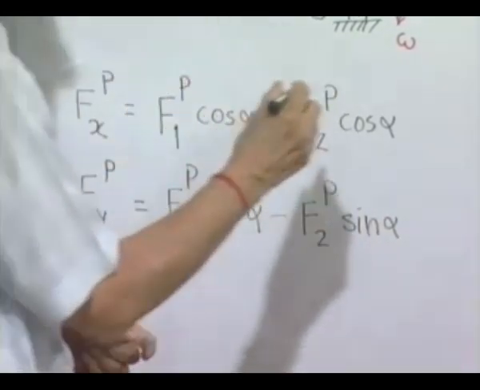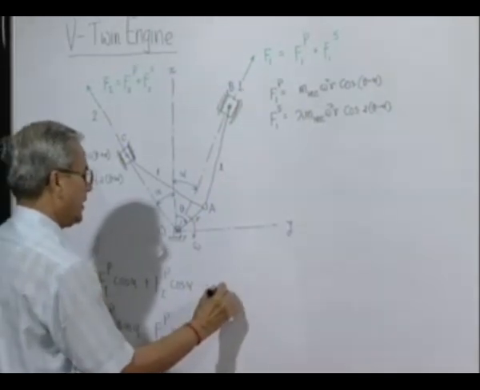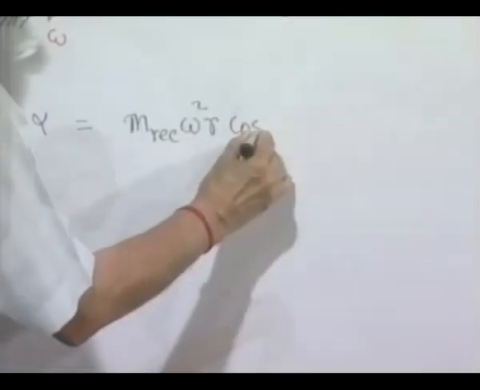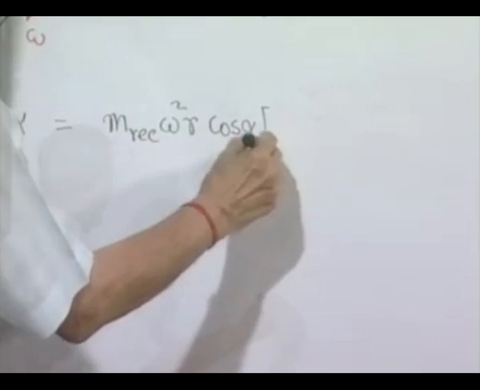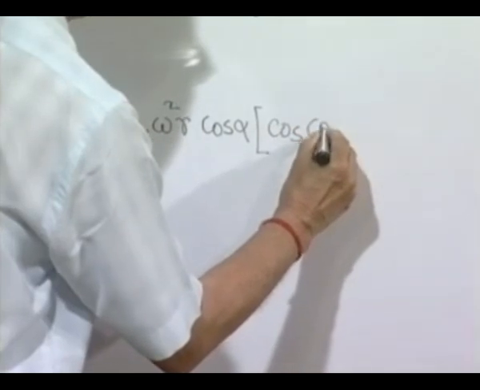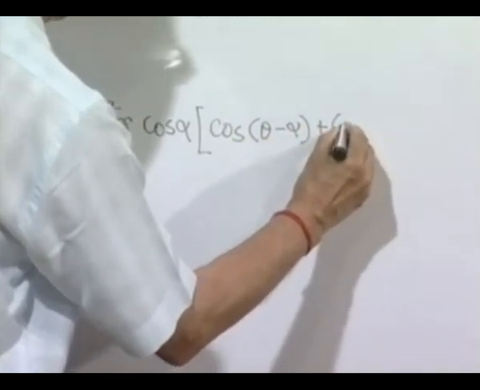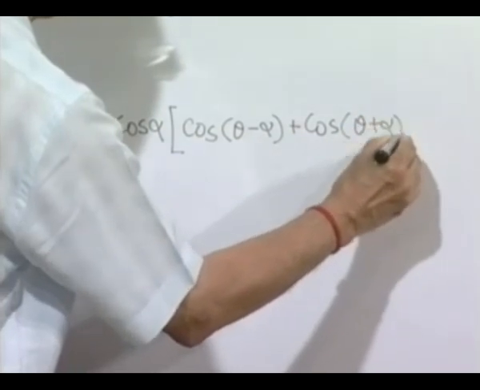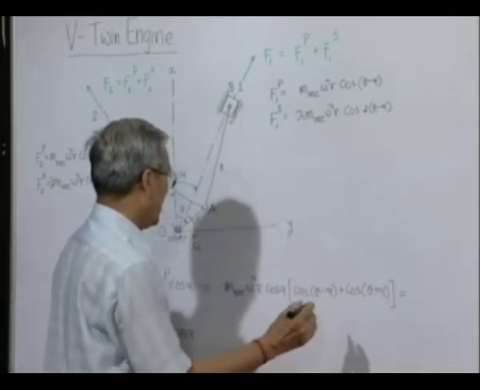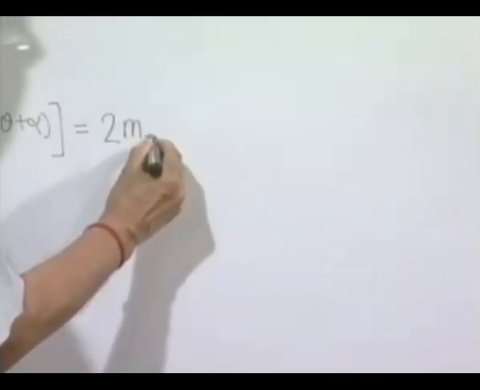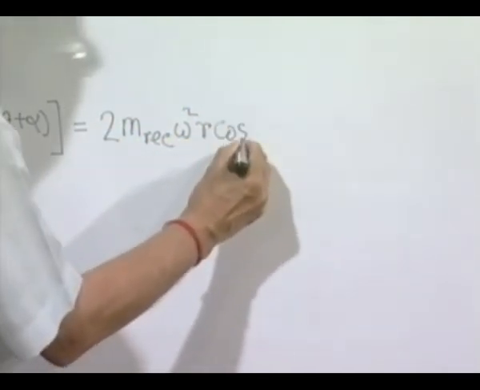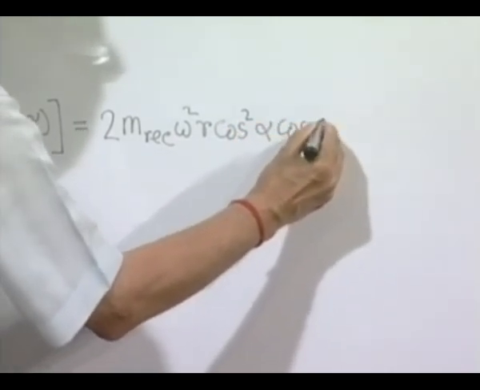So, if we expand this, what we will get? This will be m reciprocating omega square r cosine alpha, and what remains inside is cosine theta minus alpha plus cosine theta plus alpha, and further expansion of this leads to 2 m reciprocating omega square r into cosine square alpha cosine theta.